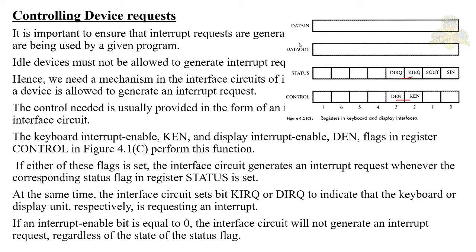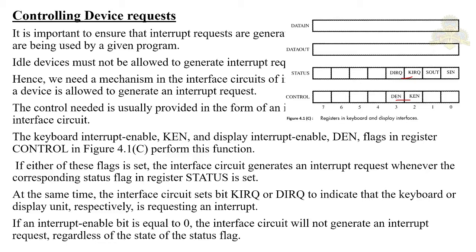Suppose this control bit, that is the enable bit for keyboard or display, is 0, then the device interface circuit will not generate the interrupt for that particular device, whatever the status flag value may be, either 0 or 1. Only if both of these are set will that particular device's interface circuit generate the interrupt. It does not consider the status flag values otherwise; everything depends on the interrupt enable.